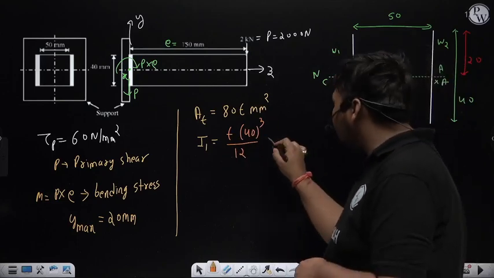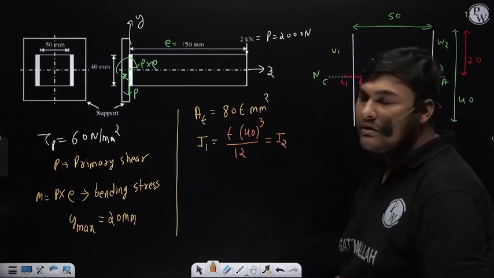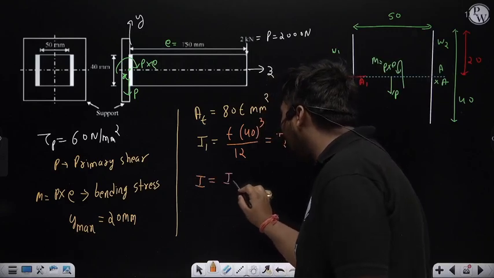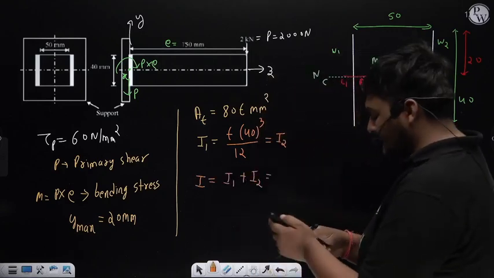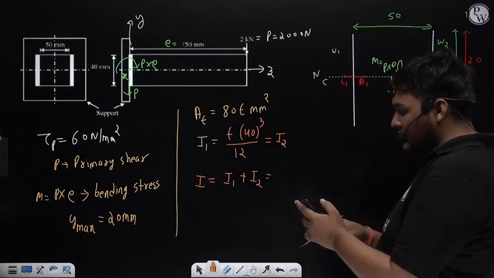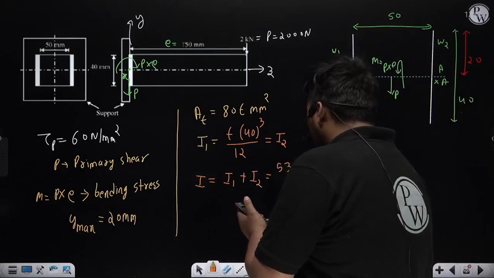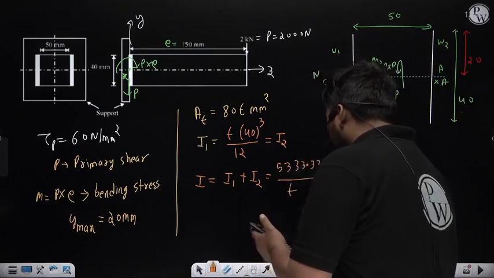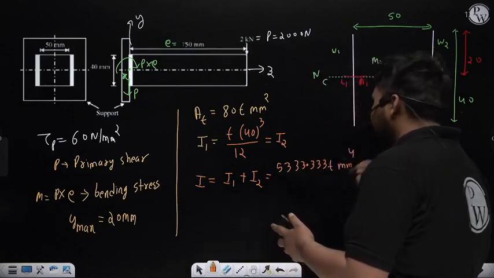With symmetry, the area moment of inertia of weld 2 about the neutral axis will also be the same. The total area moment of inertia about the neutral axis is I, which is I1 plus I2. If you add I1 and I2, it comes to 5333.333 T mm to the power 4.